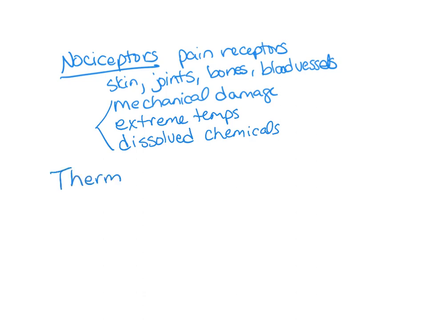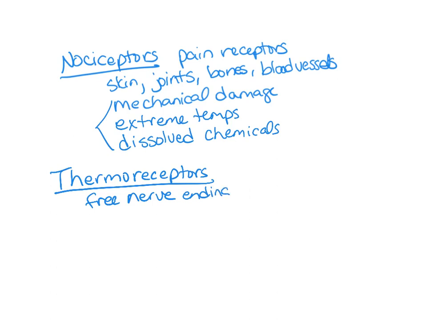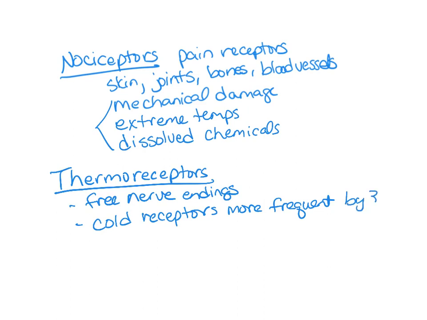Thermoreceptors then detect temperature changes. Most thermoreceptors are free nerve endings, so they are the dendrites at the end of these neurons. Cold receptors are going to be more frequent than warm receptors. So we have more cold receptors than we do warm receptors, actually by 3 to 4 times.